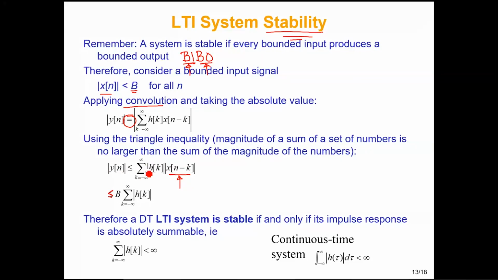So that's the first thing. Next, for the magnitude of all x of n minus k, we know that all our x values are always going to be less than this max value b. So instead of just taking different values here, we can just put a constant value b.